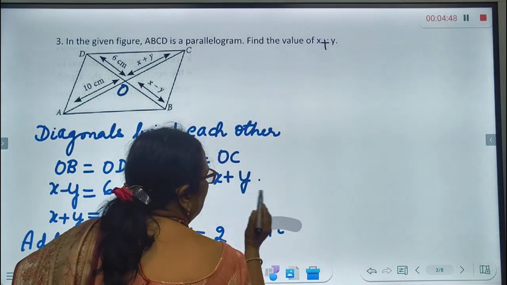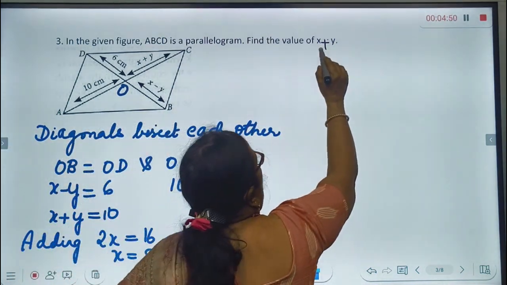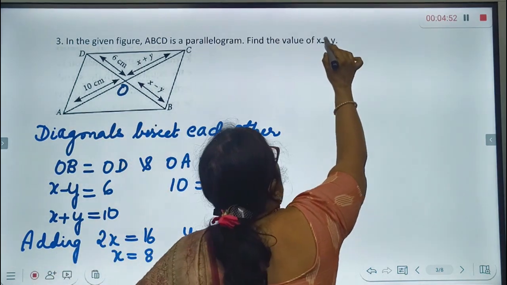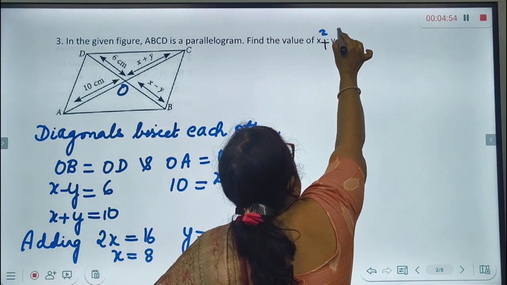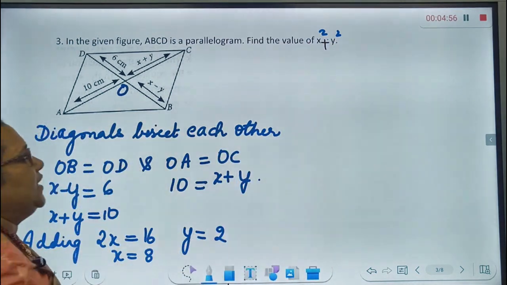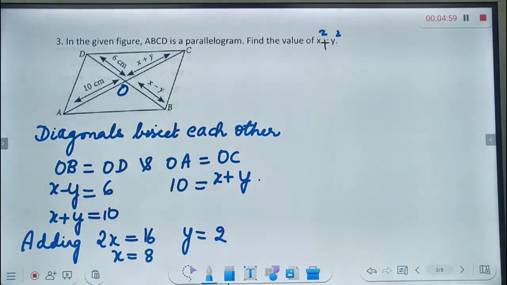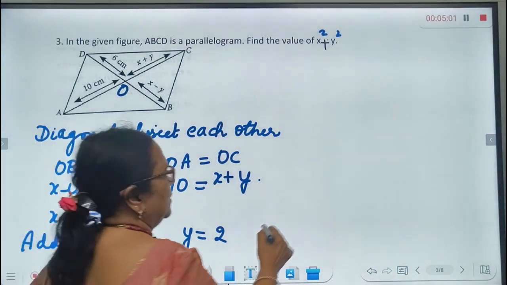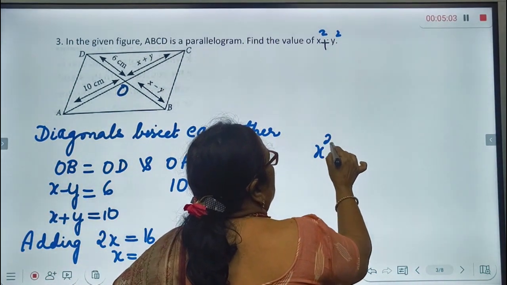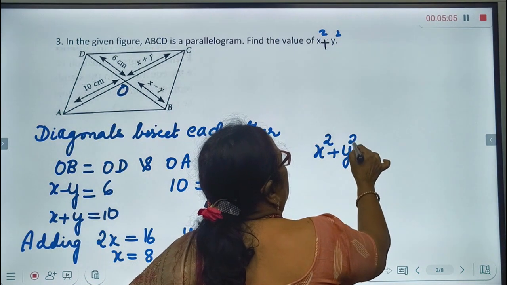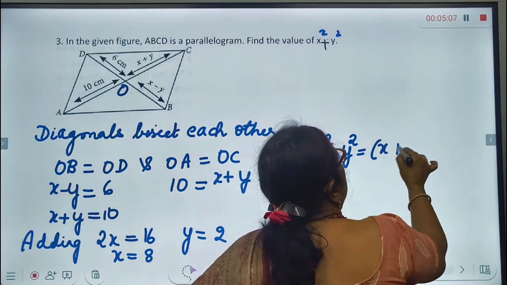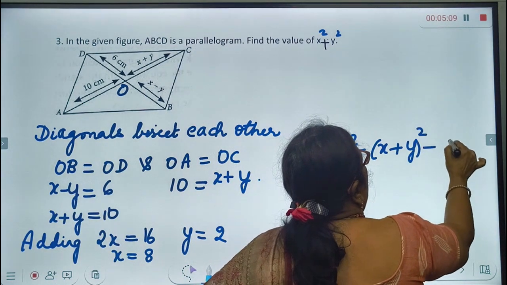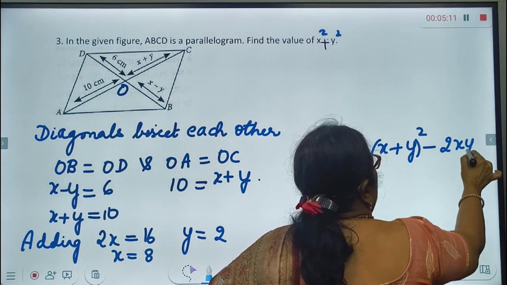So I'm going to make the question a little more complicated, which is x square plus y square. Slightly more complicated. What do you think will be x square plus y square? Now x square plus y square will be (x plus y) the whole square minus 2xy.